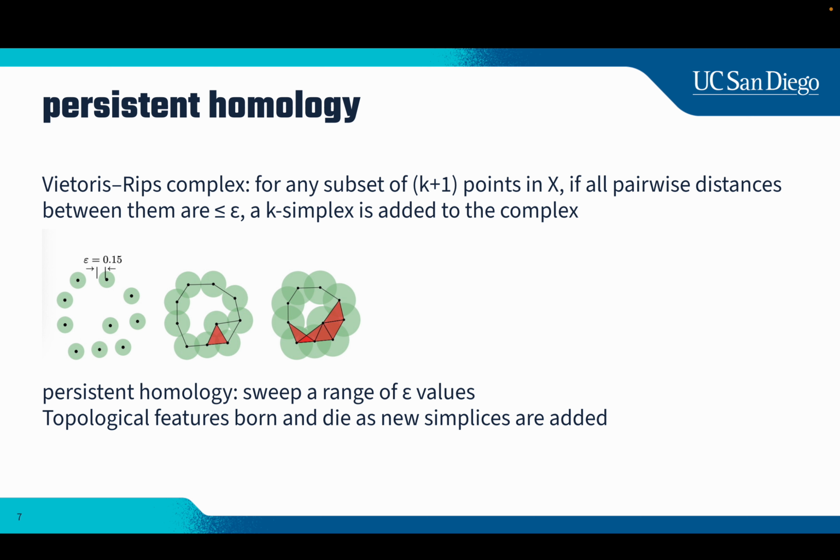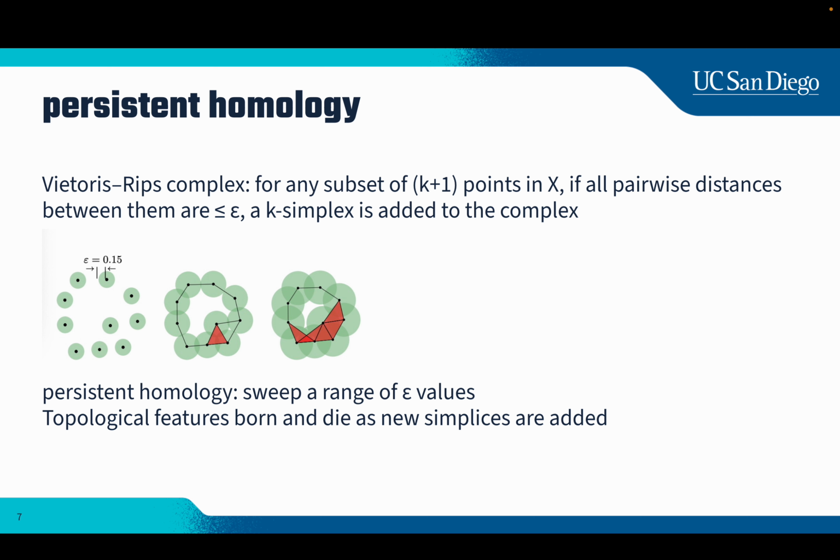For each selected layer, we extract the activation outputs and treat them as point clouds. However, point clouds are not topological spaces by themselves, so we construct a VR complex which connects points based on pairwise distances. The key idea is that a k-simplex is added whenever k plus 1 points are mutually within a distance epsilon.